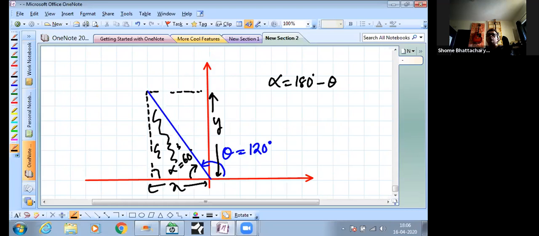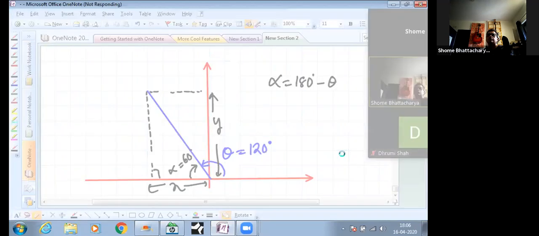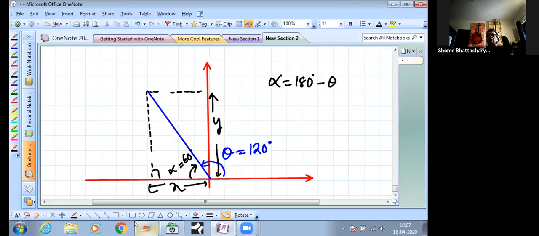So for a moment, we will now concentrate on this triangle.